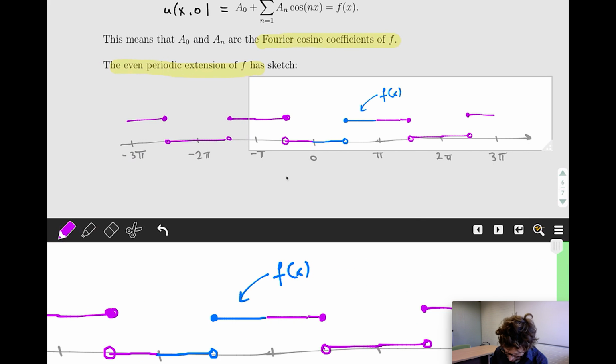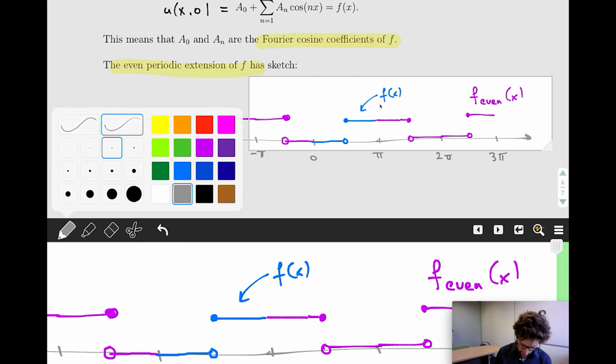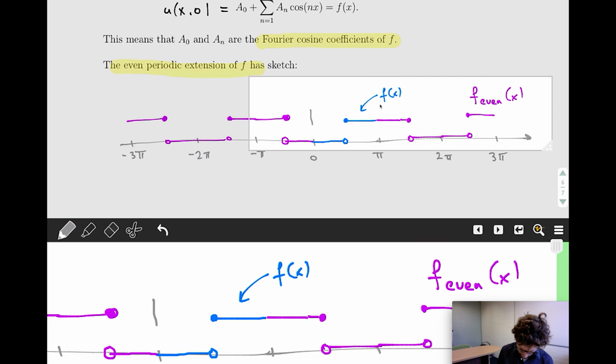So we'll call that the even periodic extension, f even. And as usual, the even periodic extension exactly matches our original function, f of x, between 0 and pi, which is where our metal bar is located.